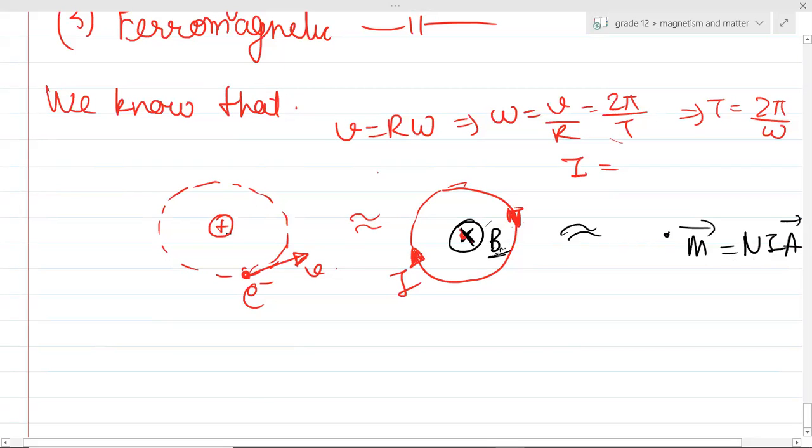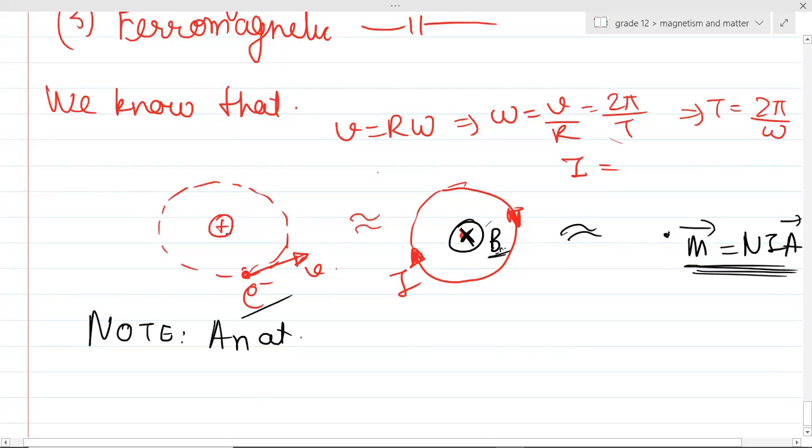Also, basically I can assume this particular thing, that whenever there is an atom in which the electrons are orbiting, then that will behave as a magnetic dipole. This we already know.